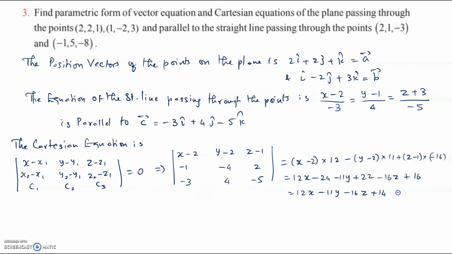Now this is equal to 0. So 12x minus 11y minus 16z plus 14 is equal to 0, which is the Cartesian equation of the required plane.